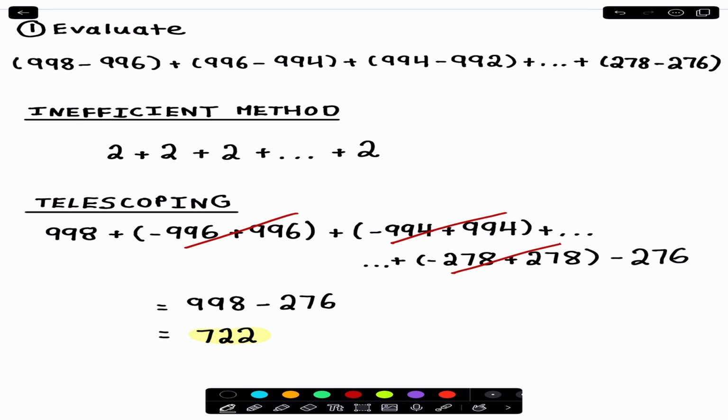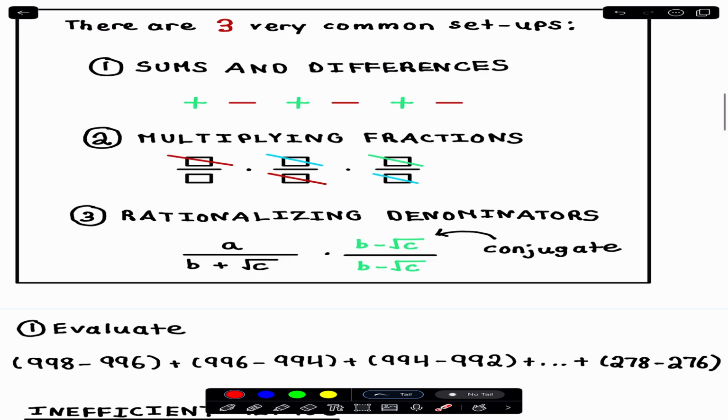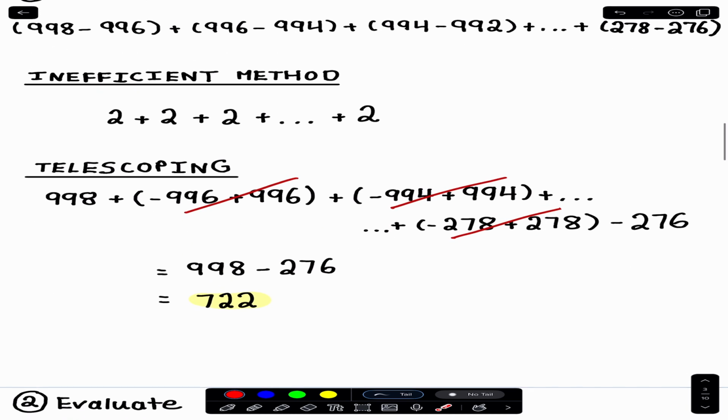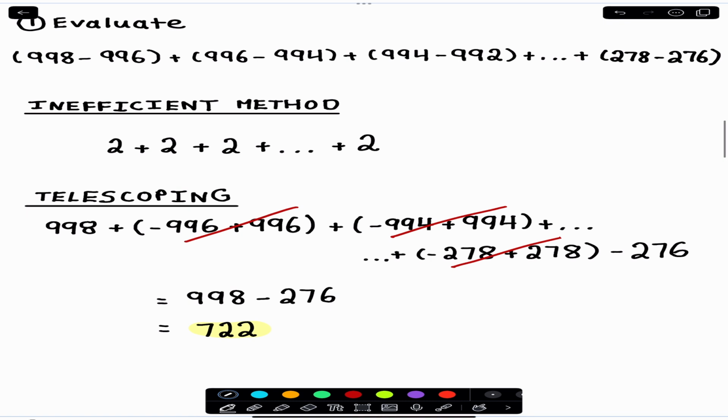So this kind of problem, I would classify it as setup number 1, this one over here, because of the plus minus cancellation that I was talking about earlier, which takes place over here. So yes, I think I love this way so much more.